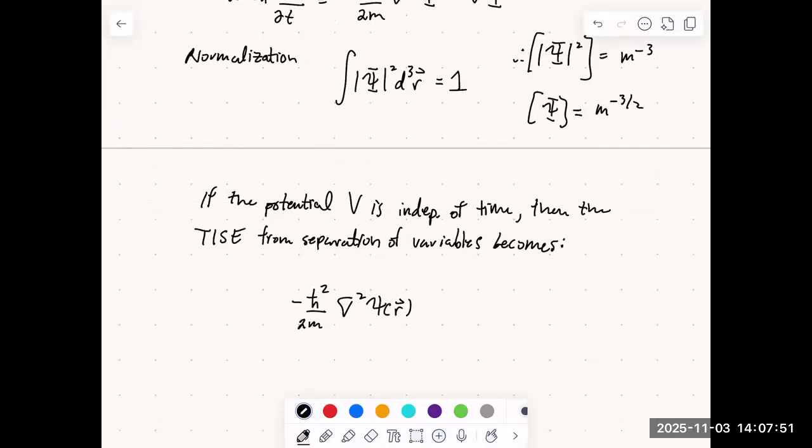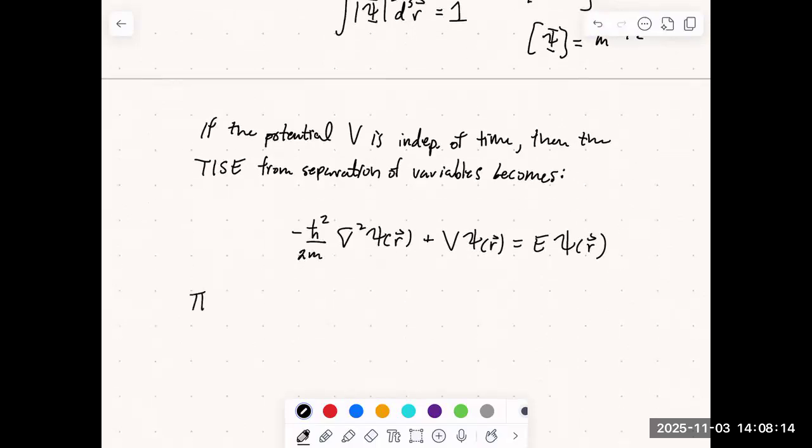And I'll put a little vector r to indicate that this is a 3-dimensional position that we're thinking about. Plus the potential, and is equal to E times psi. Okay, so the solutions are stationary states.